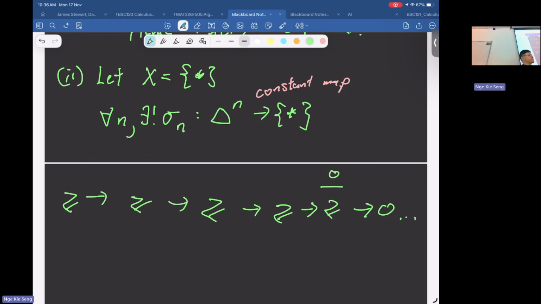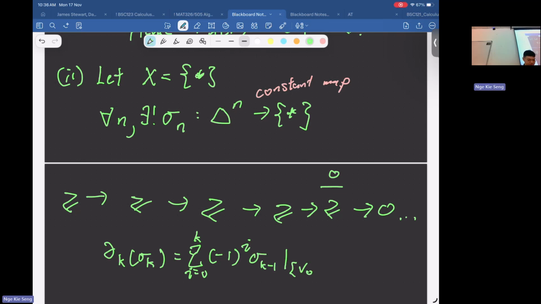Okay, but what's the differential in this case? What's the differential now? Actually, it doesn't matter what vertex we apply it on. Does it matter? Let me ask you.